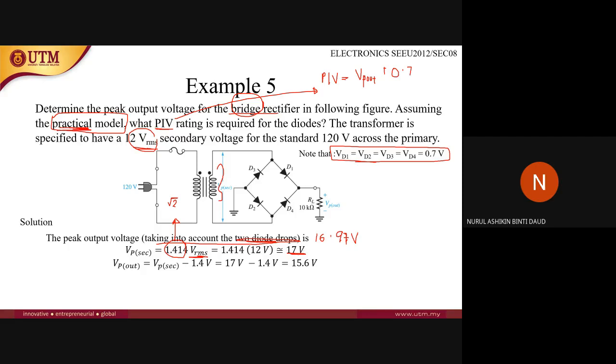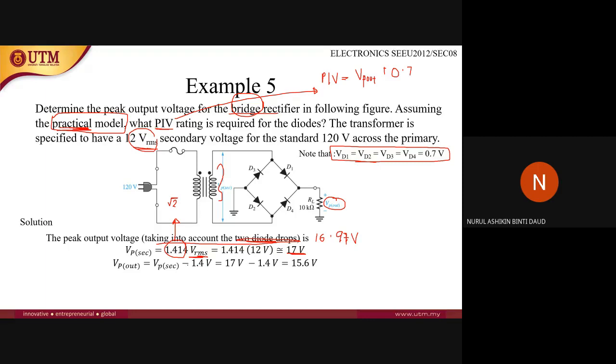Yeah. So with this value, you want to know what is the value of the output voltage. So V peak for the secondary waveform minus 1.4 volts. Why 1.4?